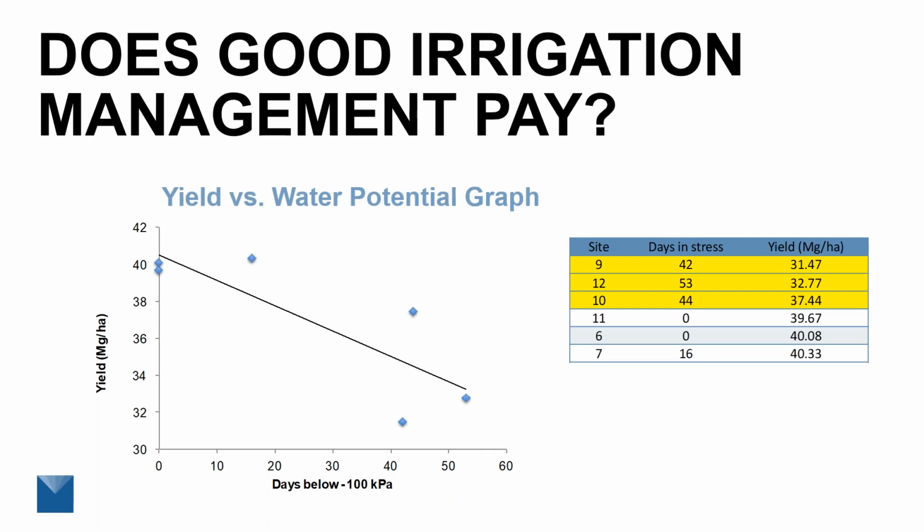We calculated the number of days with water potentials below minus 100 kilopascals, and then we correlated those with the yield data around that instrumentation. And it should be clear from the graph that I show here that the yields that are associated with the areas that were not stressed during the growing season had a lot better yields than the other areas.